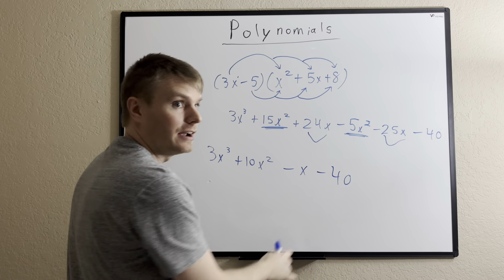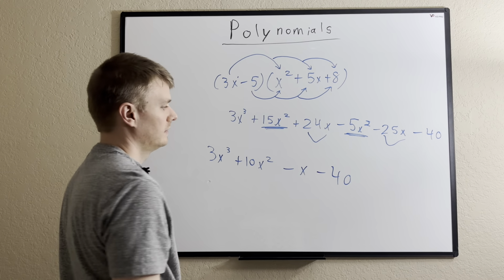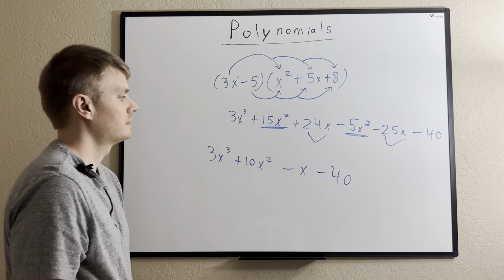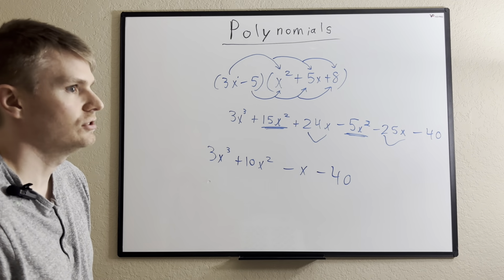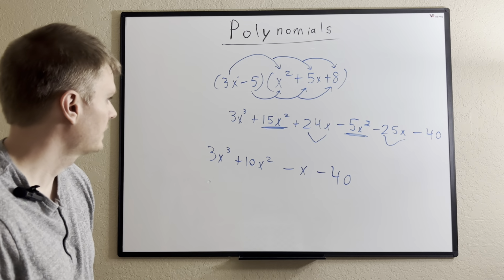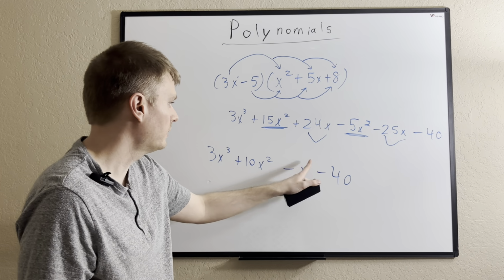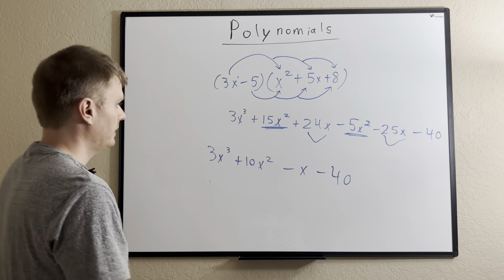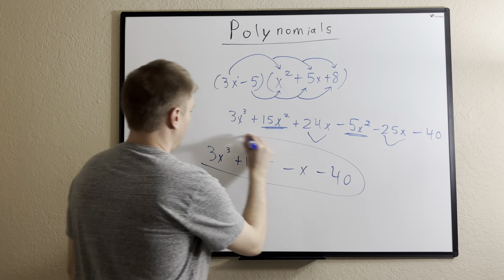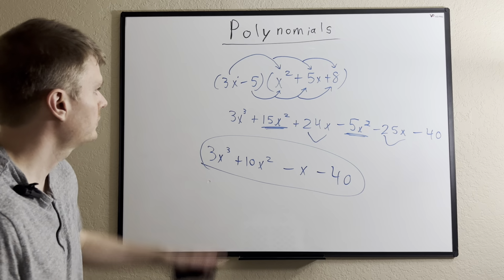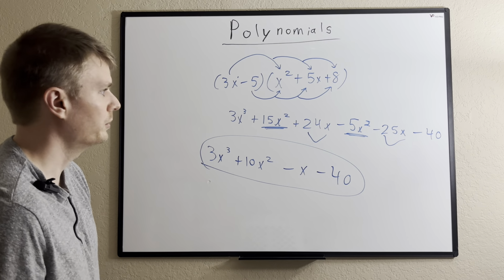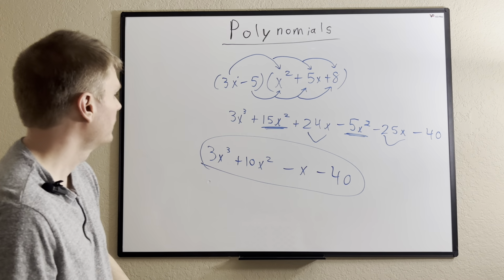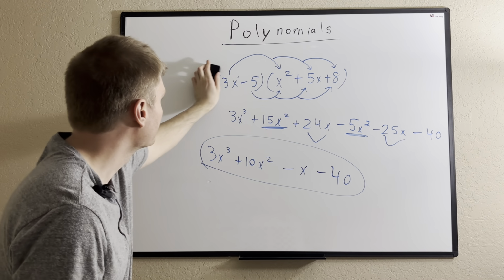Since this 1 is a coefficient, it's understood. Same as that 1 in the exponent, understood 1. And that's it. Wow, that wasn't so bad. 2 steps, boom. Just like multiplying a binomial times a binomial.